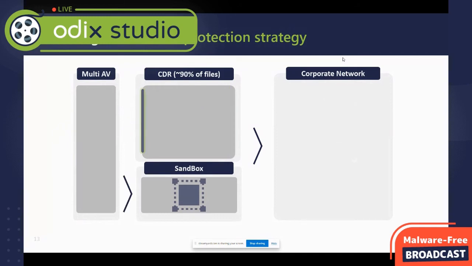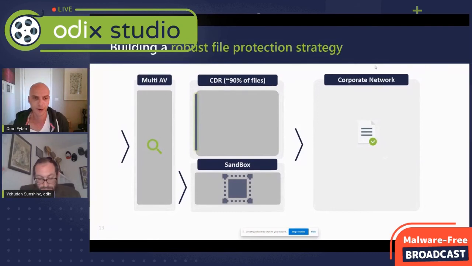If the file is not supported by the CDR engines, such as executables, dynamic libraries, and so on, then after the multi-AV scan, we will send the file to the sandbox. Of course, in this case, we will have latency, but it will ensure that no file will go into our environment unless it was scanned by multiple engines, and we have a safe file in our environment.